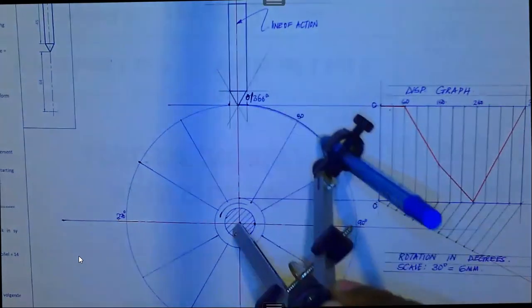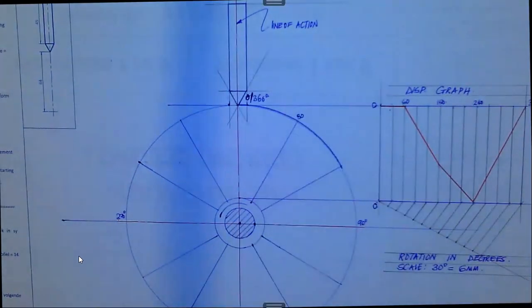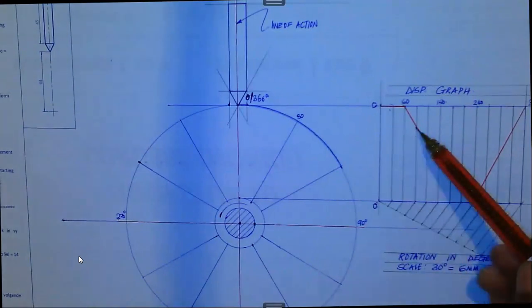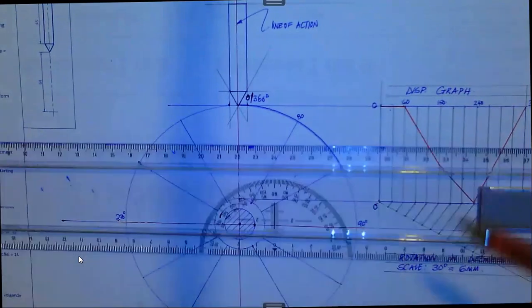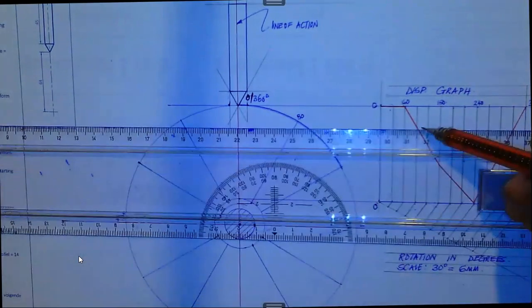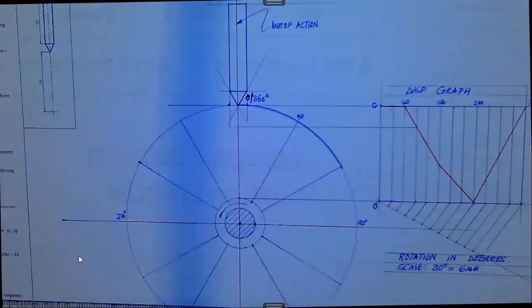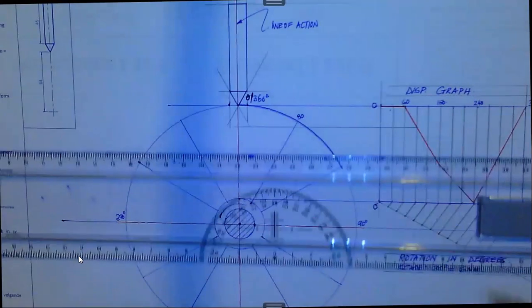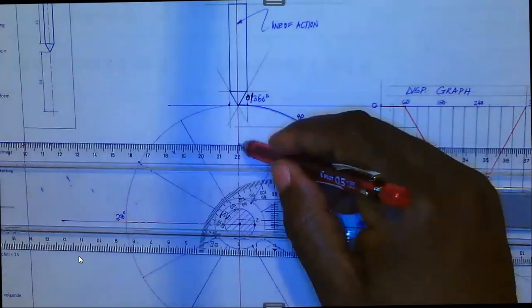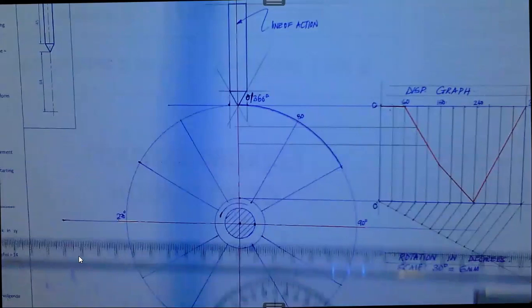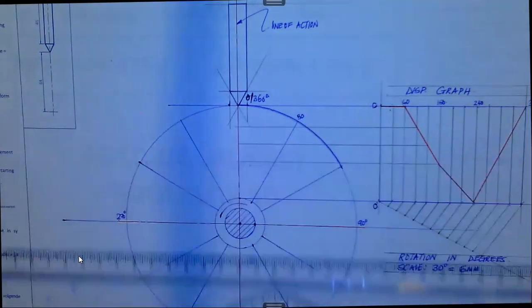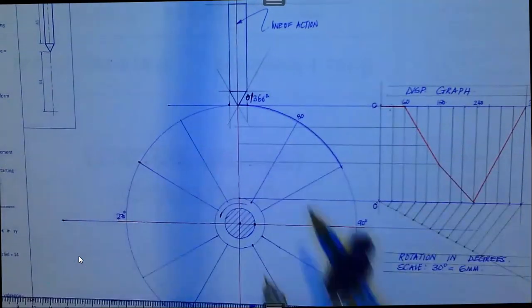That's not going to change. Then after you have got that, you project from here to the line of action as well. Let me deal with these lines first.